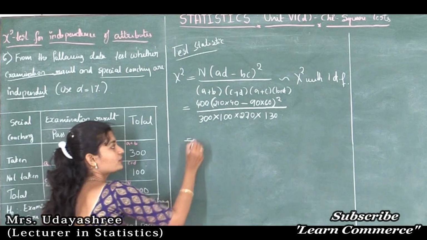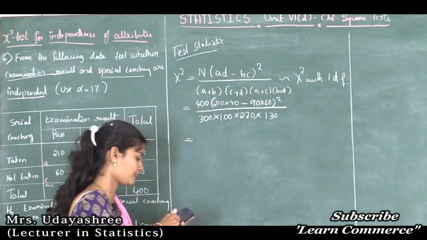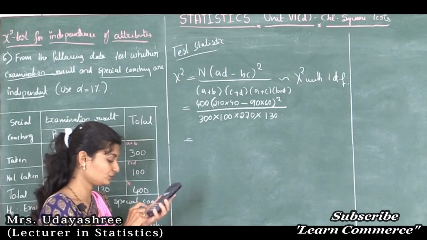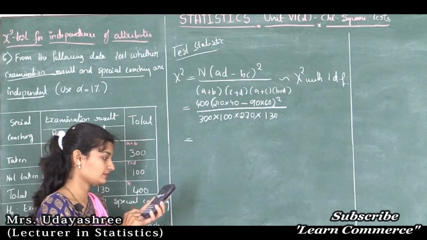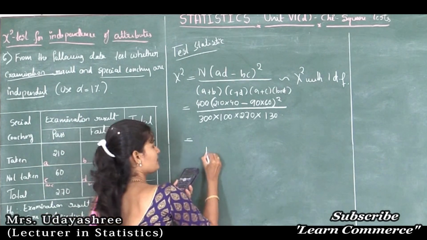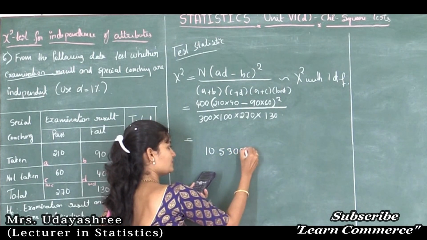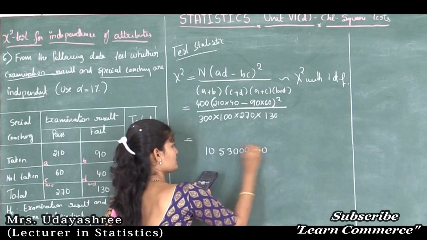First I will solve the denominator, that is 300 into 100 into 270 into 130, that is 1053000000.